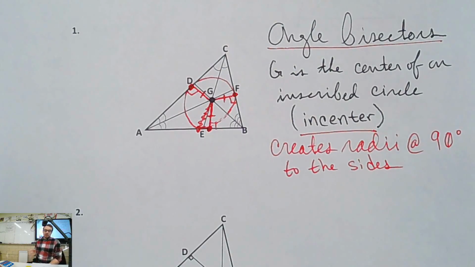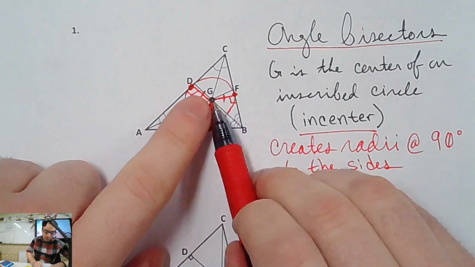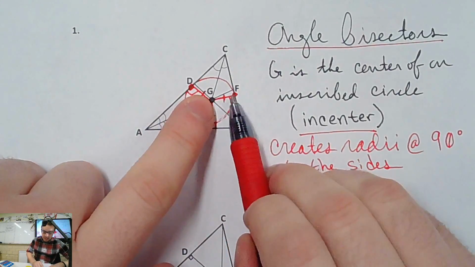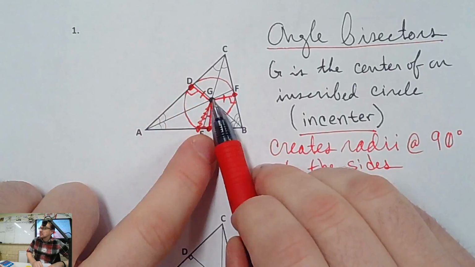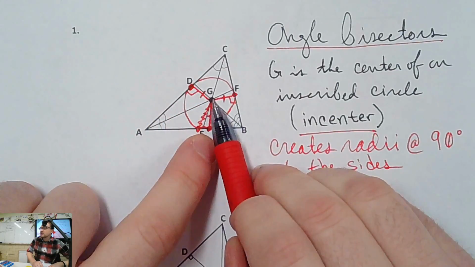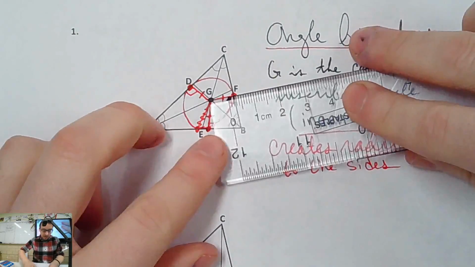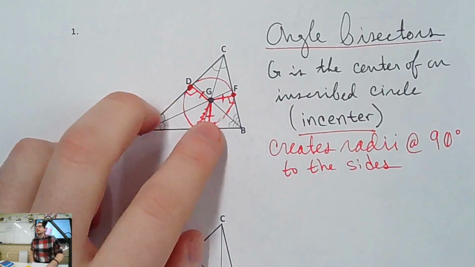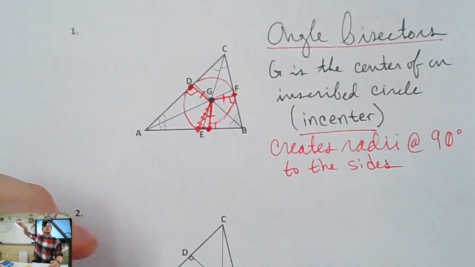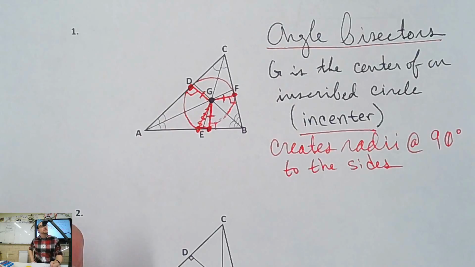So the reason we know this is a circle is because from G, if you measure to the opposite side, all those are the same, right? So here's how we knew it was a circle. From G, we measured out to the sides, and we found that all those are the same. And if those are all the same, then they must be a circle connecting them. Does that make sense?